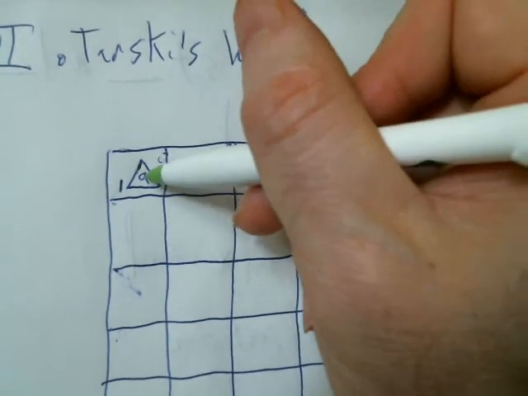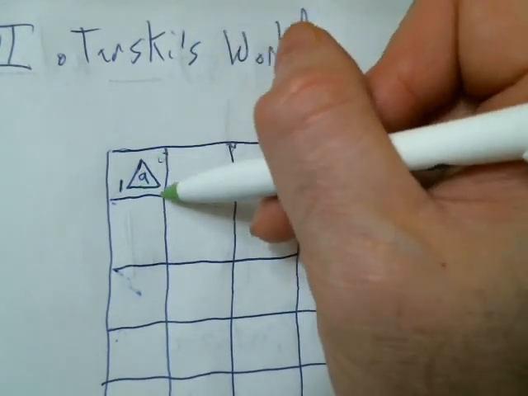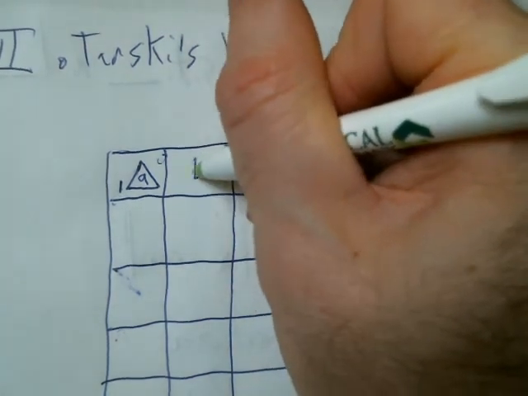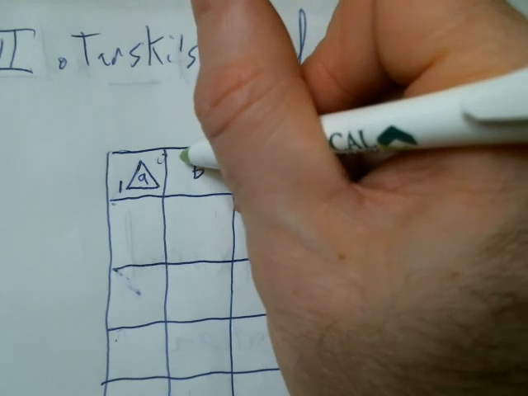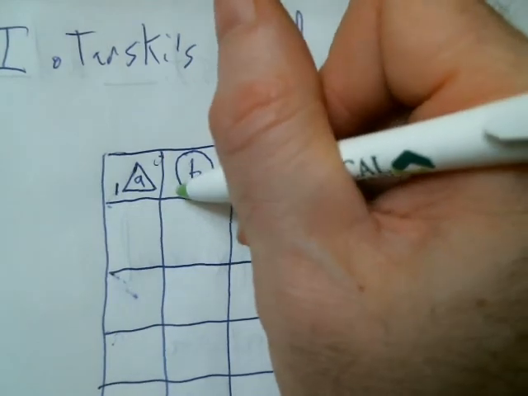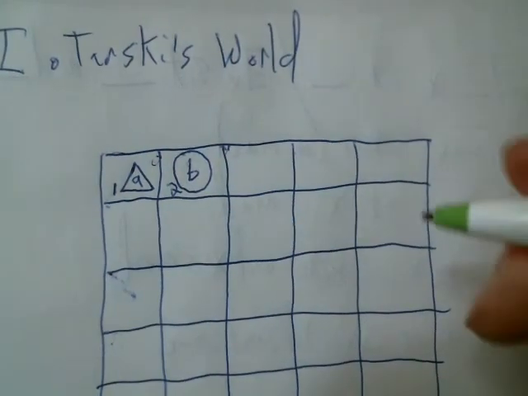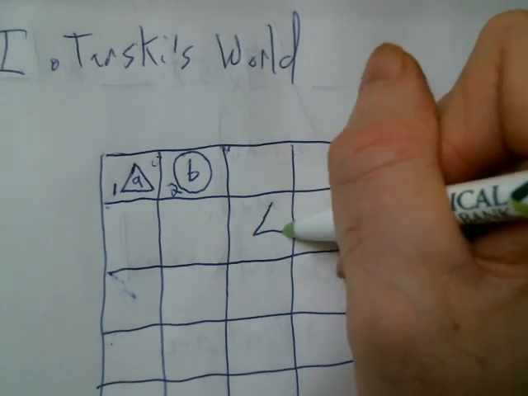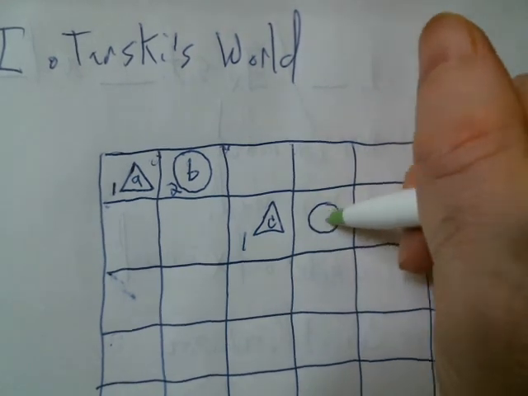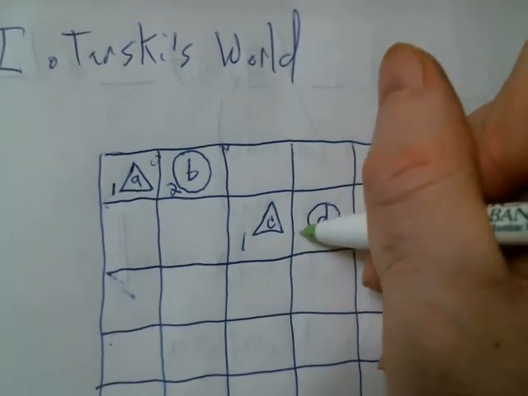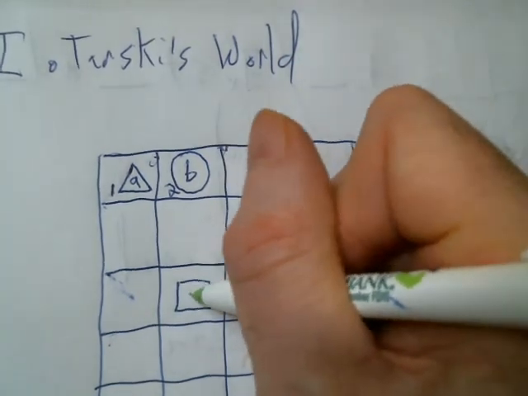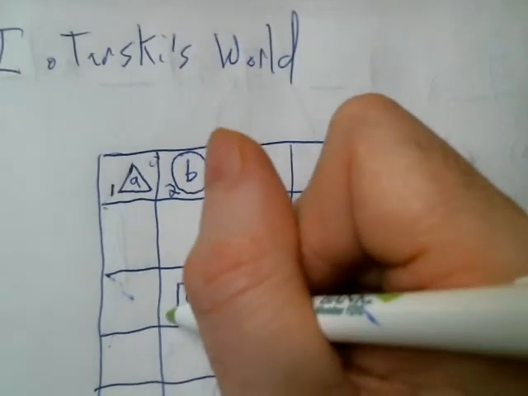So here this is a blue triangle and its name is A. Then we have a black circle, its name is B, and its color is black. Then I have a triangle here, its color is blue, I'll call it C. Then a circle here, it's gray. And then I have a square, it is blue.